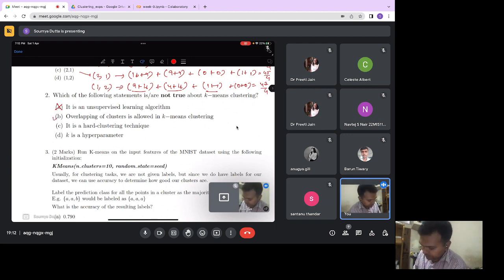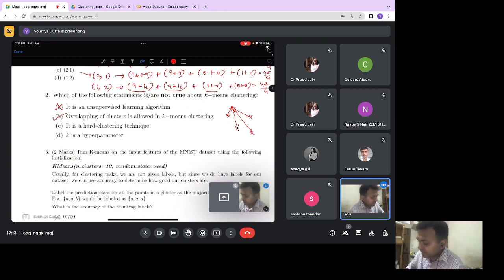This is definitely not true, because the way k-means clustering proceeds is we first consider some centers. Randomly we pick some points which are centers, and then depending on the distance between these centers and this particular point, we'll assign this point to one of the 4 clusters in this case.